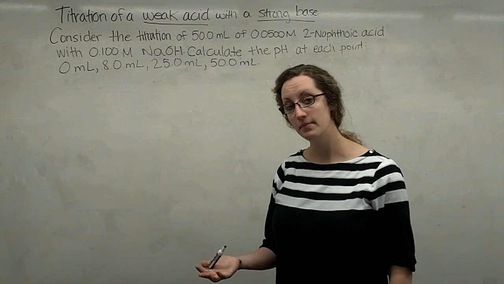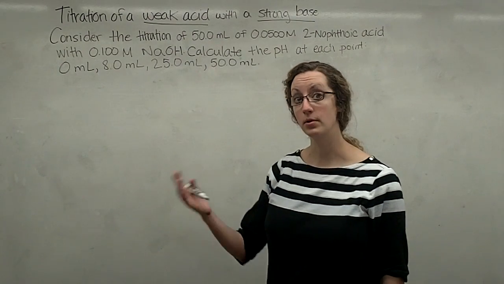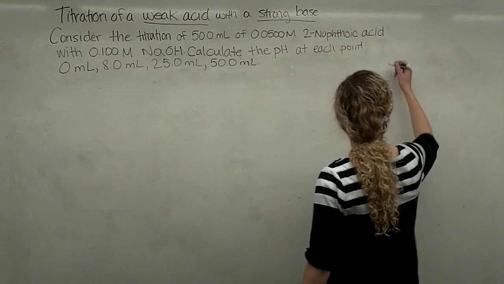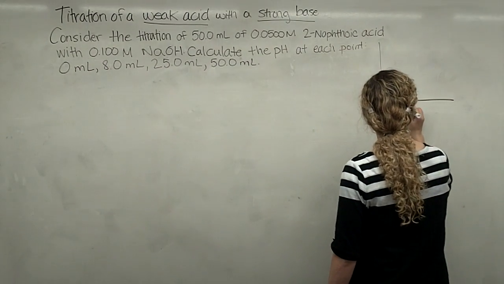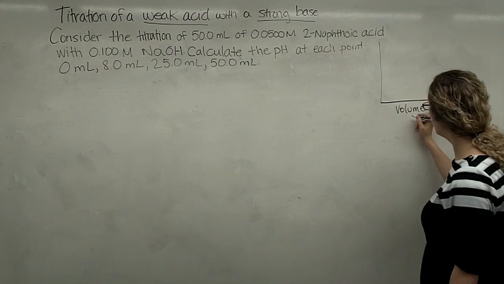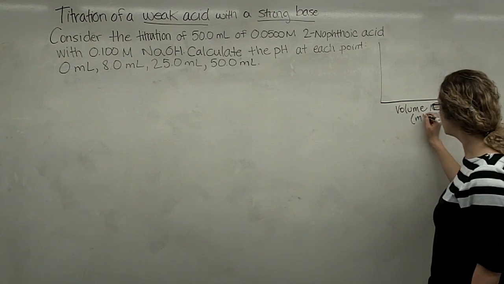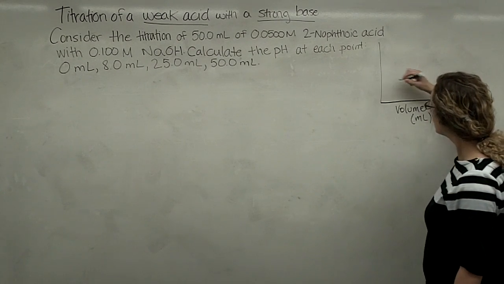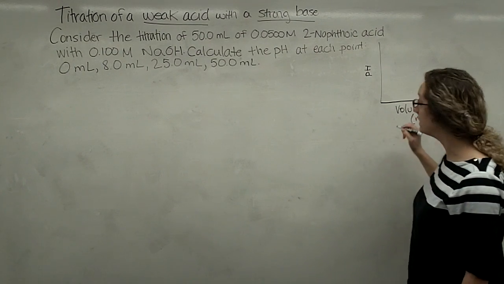We already know, based off of the approximate shape from previous lectures, that it should look something like this. On the x-axis is the volume of my titrant, which is my sodium hydroxide, in milliliters. On my y-axis, I'm going to have my pH.